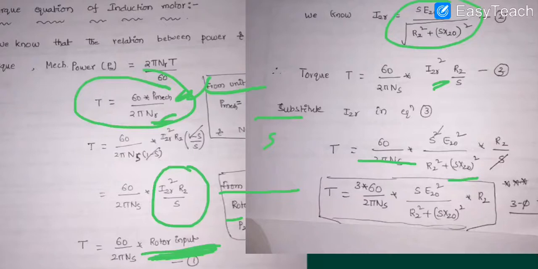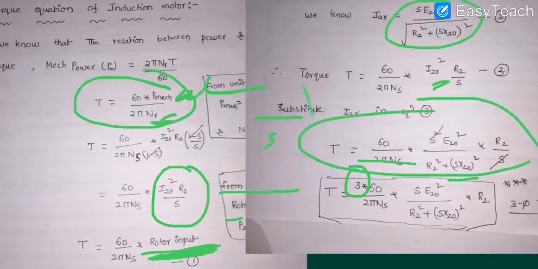Now if we simplify this, 30 into 6, so here 3. Why are we using the 3? Because it is a 3-phase machine. This is our single phase torque, but we have the 3-phase machine, that's why we have the 3 here.